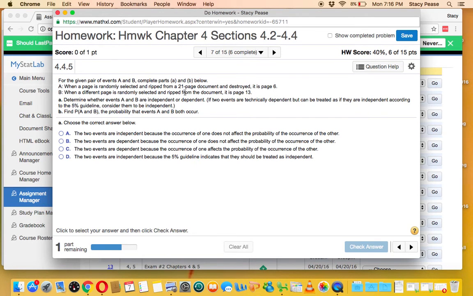Now, for the second part, if the page in event A already happened and it was already taken out, you now don't have 21 pages anymore in your document, you only have 20. And so here you need to adjust your total number of pages that are left to account for the page that was already ripped out and destroyed in part A. So for B, it's not 1 over 21, it's 1 over 20.